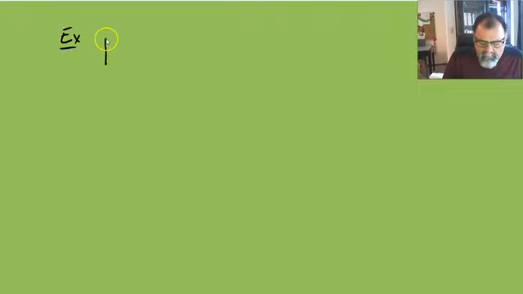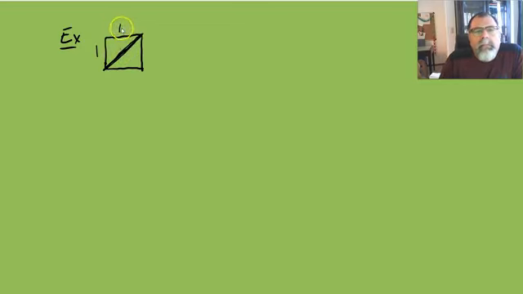Basically, it was discovered if you had a square, so the Greeks did a lot of geometry. I believe they're the first ones that noted this, maybe not. So if this side was 1, 1, they figured out you couldn't represent the length of this diagonal by basically a ratio.